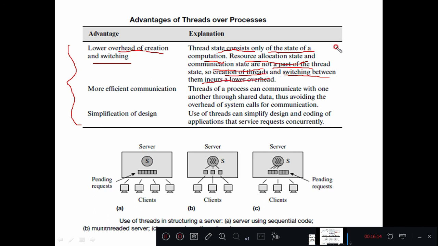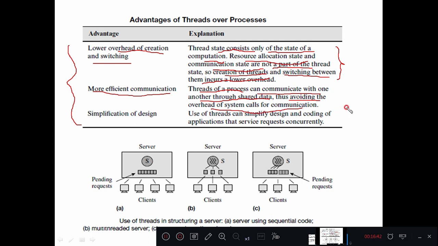But in case of process, the entire process is going to handle all these tasks, hence the overhead of a particular process is more. Second one, more efficient communication. The threads of a process can communicate with one another through shared data, right? But in case of process, the entire process needs to switch from one point to another point, thus avoiding the overhead of a system call for communication, right?